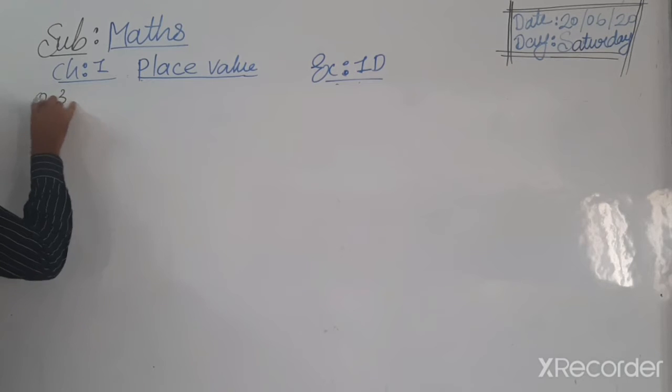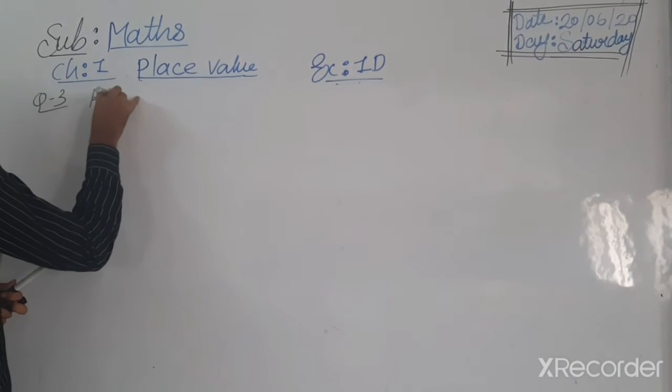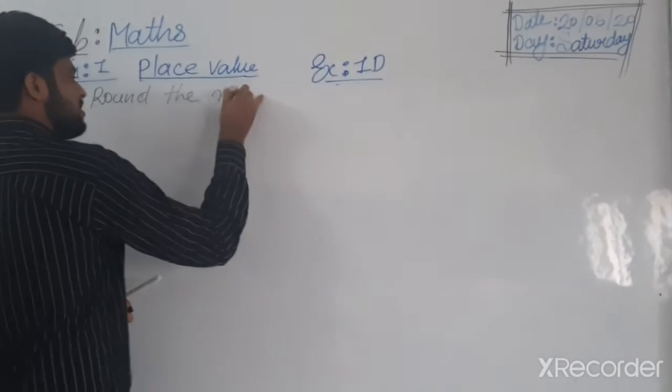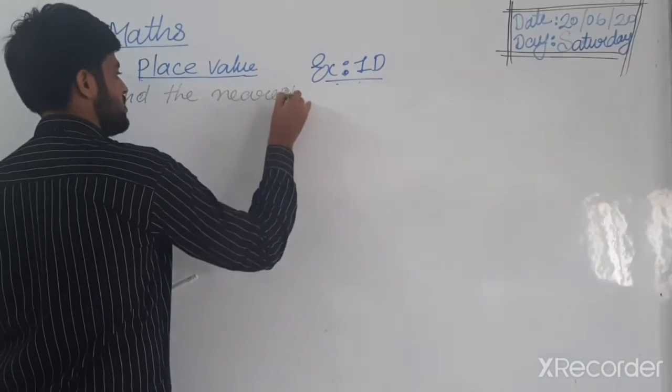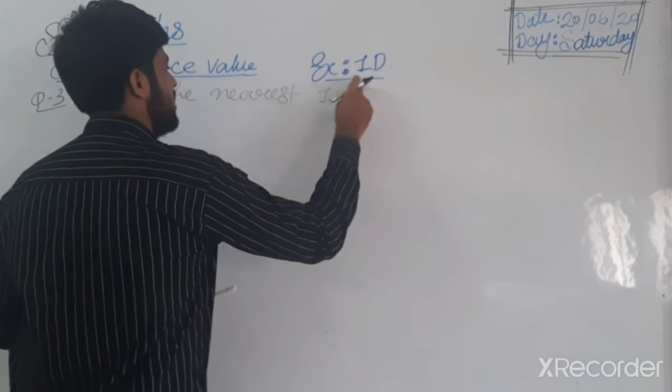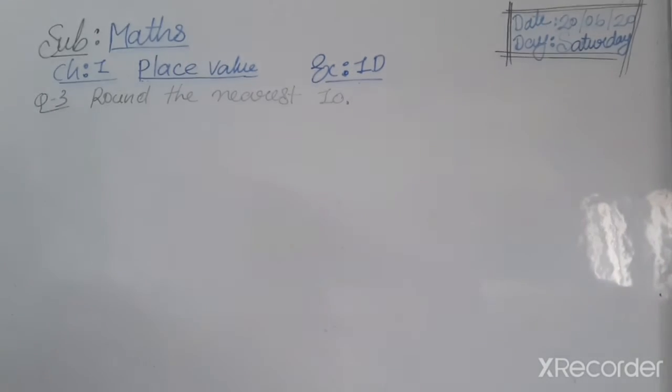Question number 3: round to the nearest tens. We draw a number line and then round to the nearest tens.